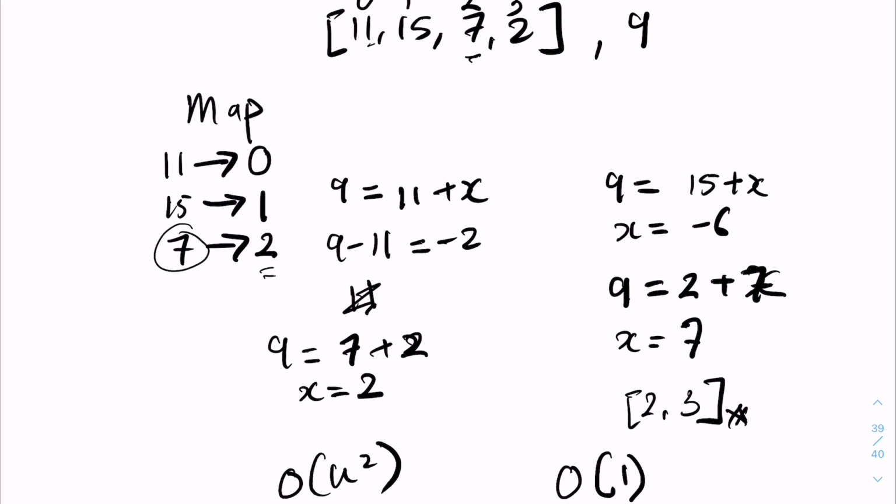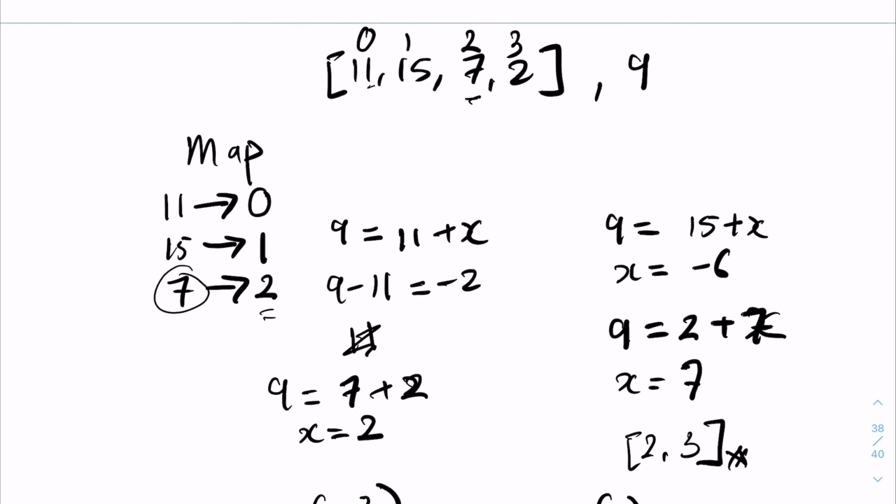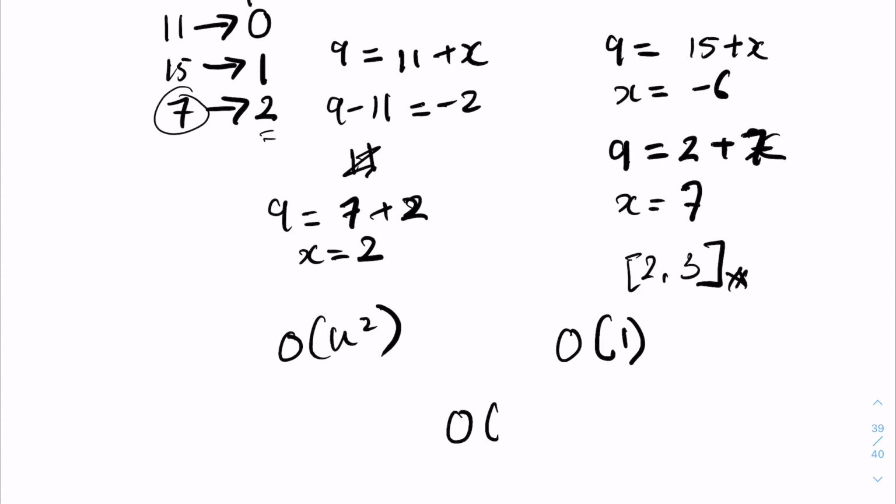And how many times are we looking into the map? Well, for each element, we are looking into it once because if it's there, we return. If it's not there, we move on. So for order n times, we are doing an order 1 operation.